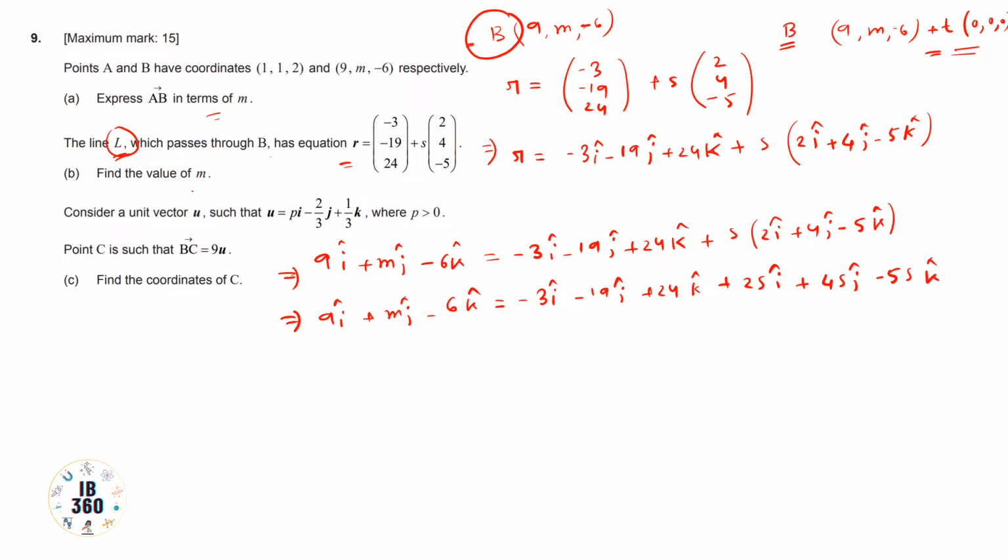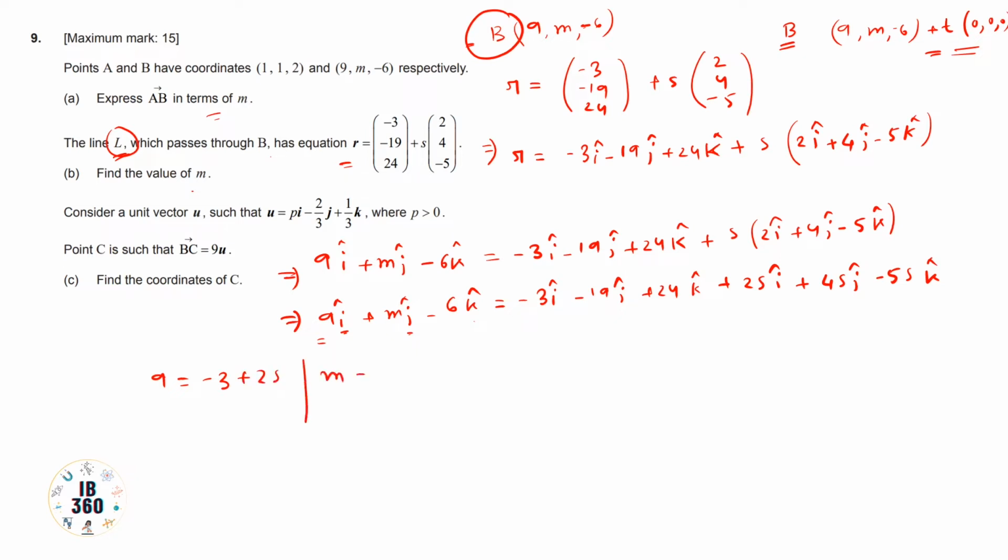Now we just have to match the equal terms. Just match i, j and k. So 9 equals -3 plus 2s, this is the first.